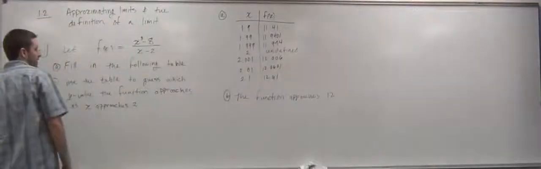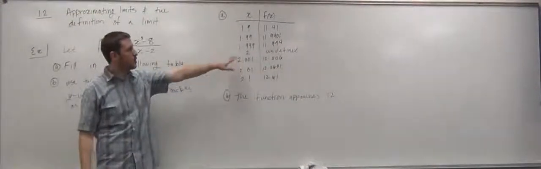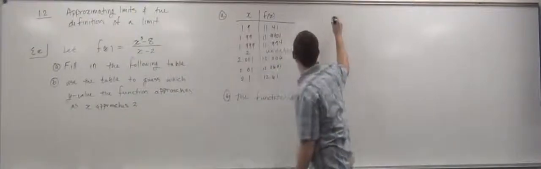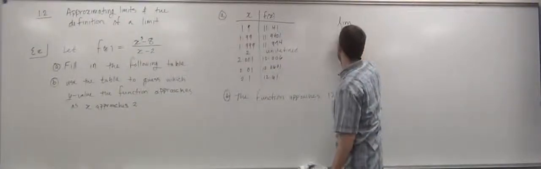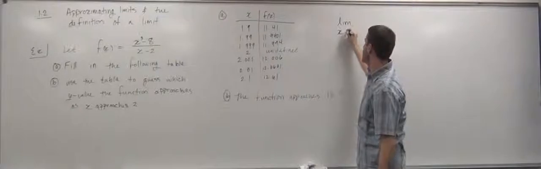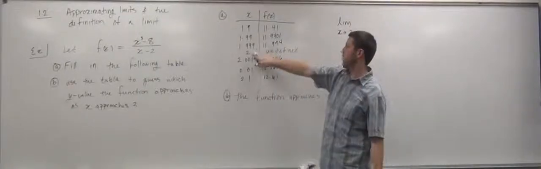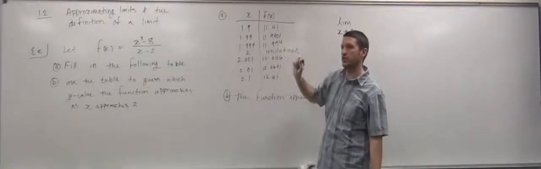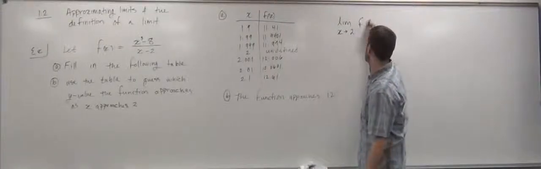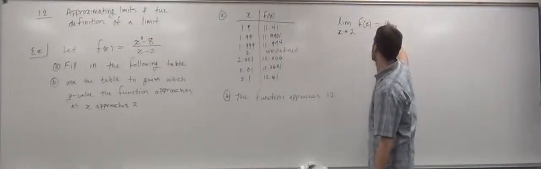So this is the idea of a limit. We would write, for this particular function, lim, standing for limit, as x goes to 2, because we're letting our x values get closer and closer to 2, of our function equals 12.